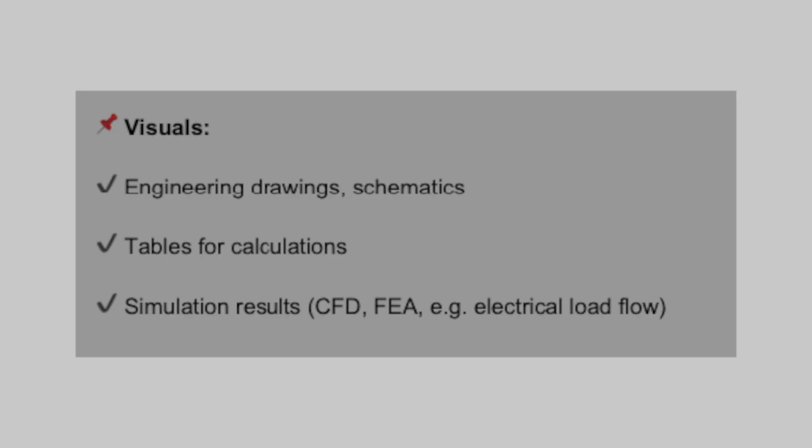Now for the visuals in this case, I would suggest you use engineering drawings and schematics. You can pull that in. Tables for your calculations, you can bring that in, and then simulation results. There's lots that you can bring in here because you've seen the results, so you can bring it in. You might think, yeah, but I'm going to run out of words.